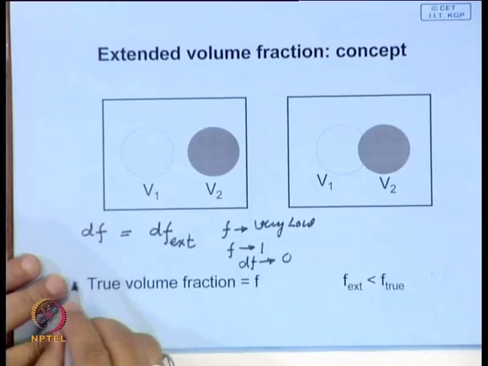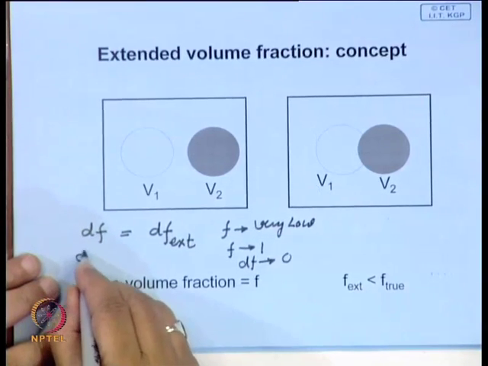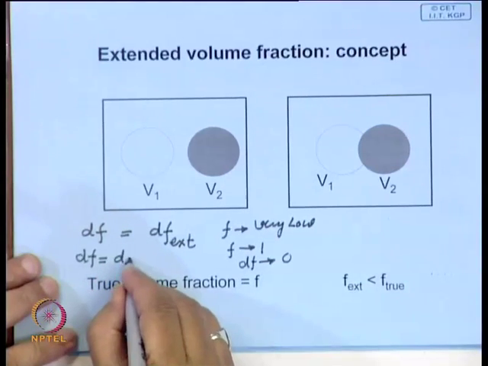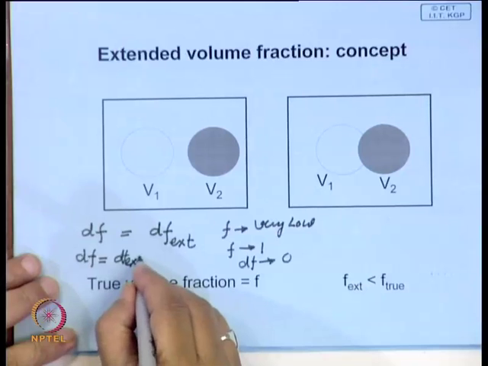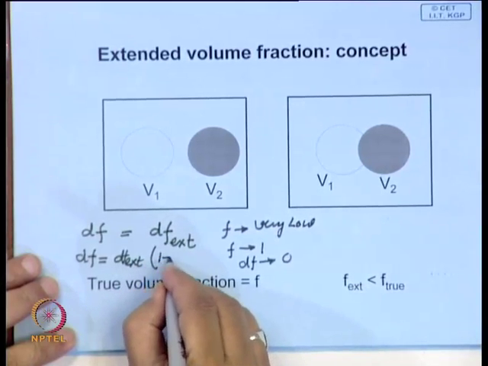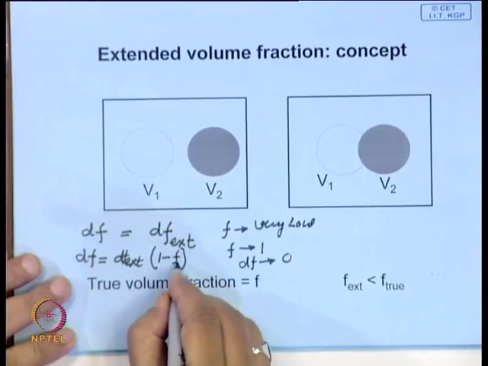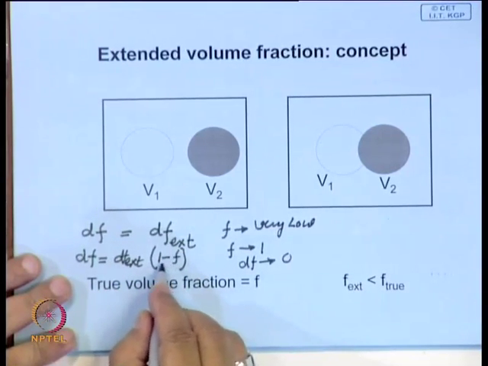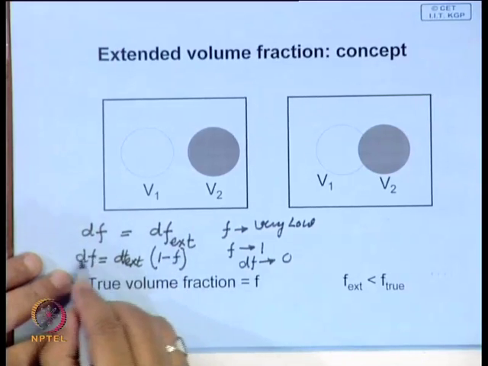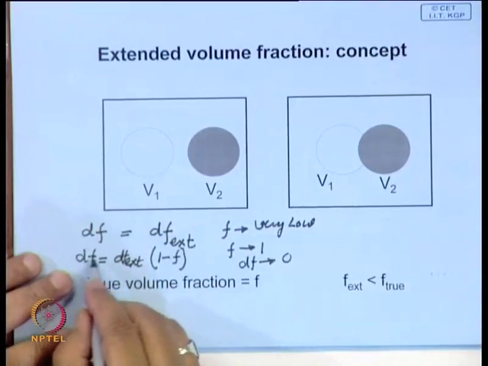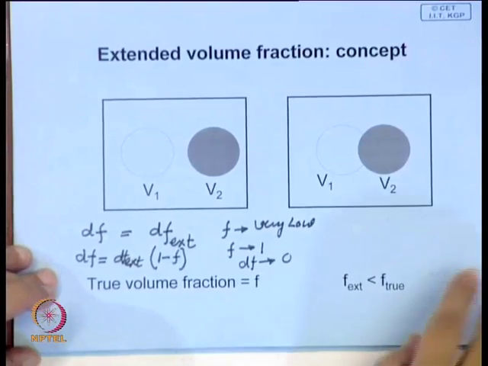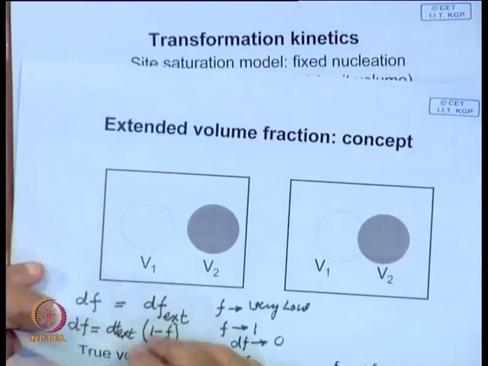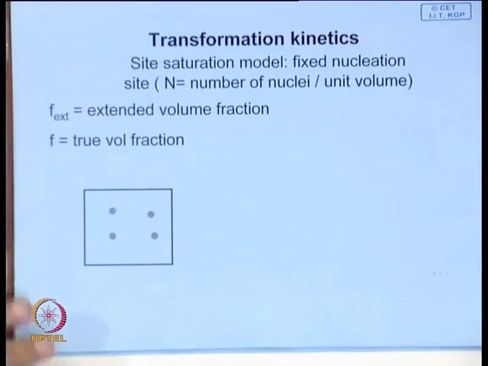One relationship that becomes obvious is that df is likely given by d f extended times 1 minus f. If you put f as 0, both are equal, whereas when f is approaching 1, there is a large difference between the two, and df is approaching 0.